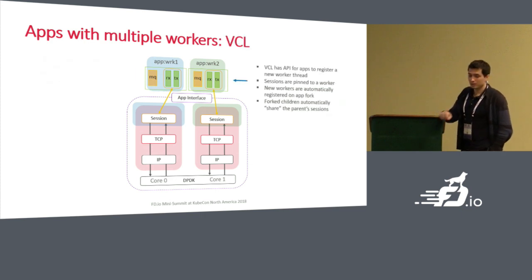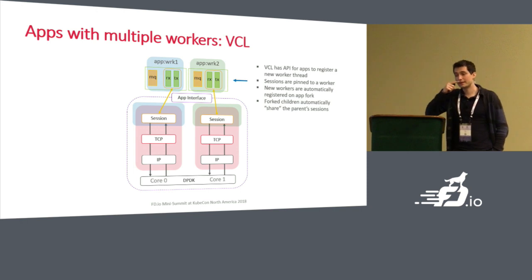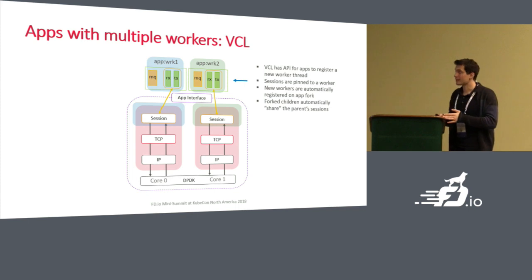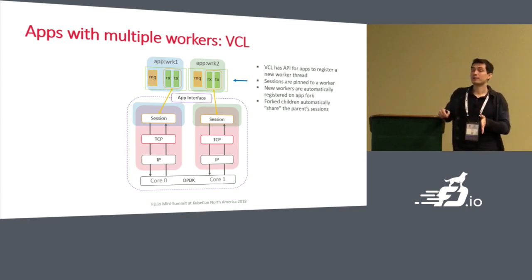And finally, because I'm also running out of time, VCL already supports these features. So VCL has APIs via which applications can register their worker threads with VPP. Very important to note here is that this needs to be explicit. This is not implicit. And in this case, when we work like this, sessions are automatically pinned to a worker again.